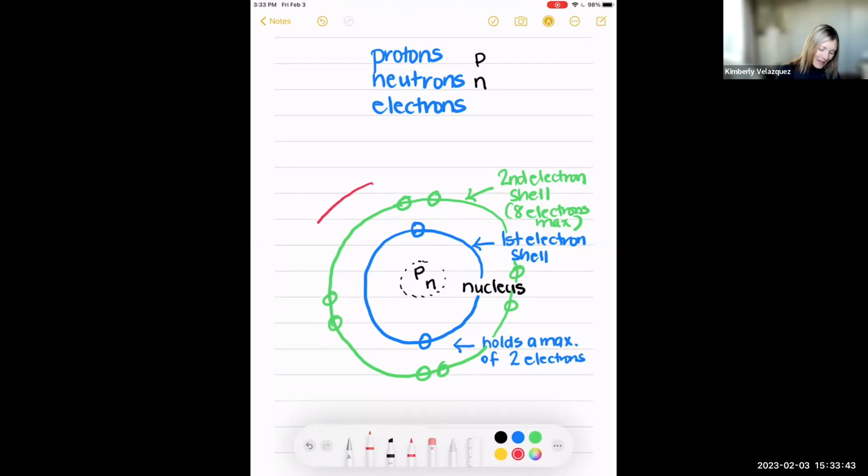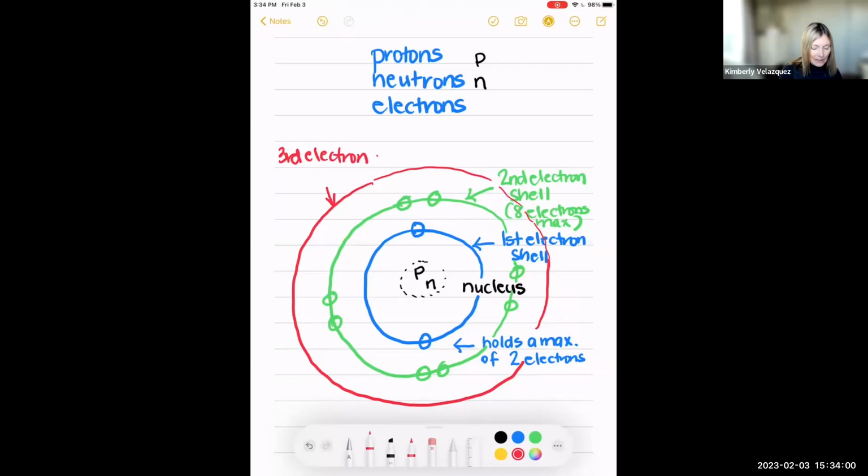Okay, and then finally, if the second shell gets filled, then electrons start filling the third electron shell, which I'll show here in red, and it's going to go all the way around. This third electron shell also holds a maximum of 8 electrons.